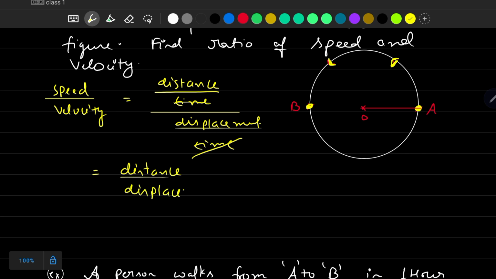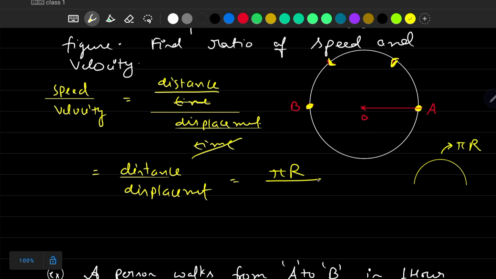Now when a person goes from A to B, we know that it's a semicircle. For a total complete circle, distance is 2 pi r, and for a semicircle, distance will be pi r. So for this half circle, distance is pi times r.